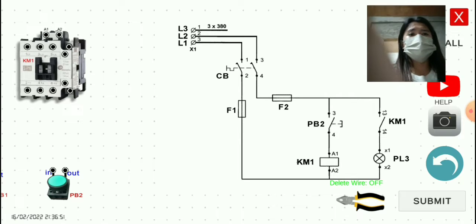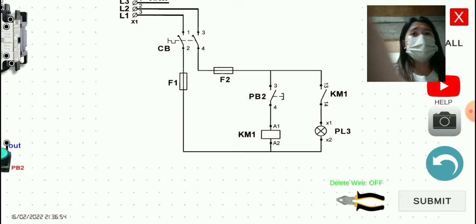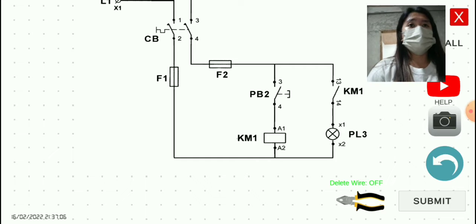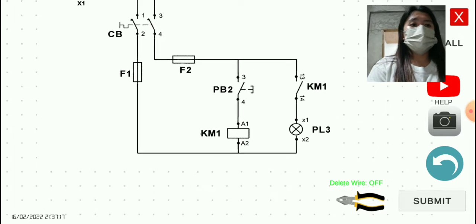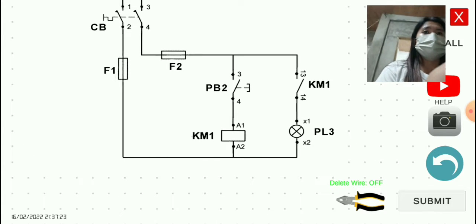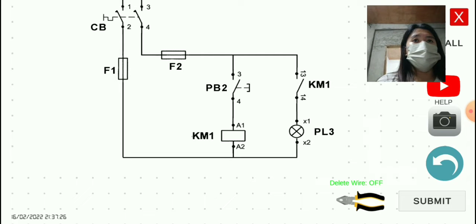Let's discuss the functionality of our electrical diagram. If this coil is energized, if there is a current flowing through the KM1, A1 and A2, all the normally open contacts will close, and all the normally closed contacts will open.